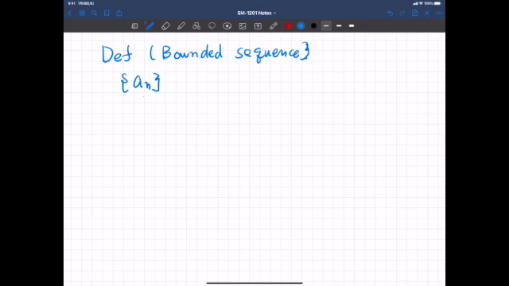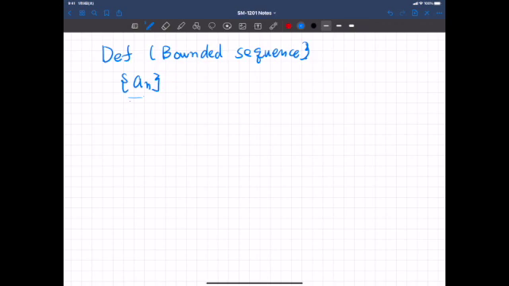If this set is bounded above, then we say the corresponding sequence is bounded above. And if the set is bounded below, then the sequence is also bounded below. And if the set is bounded, that means bounded above and below, then the sequence is also bounded.